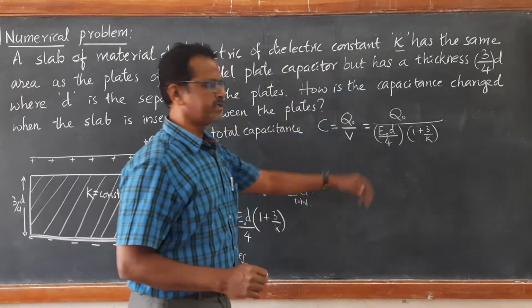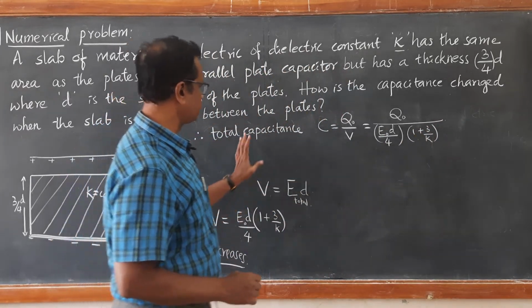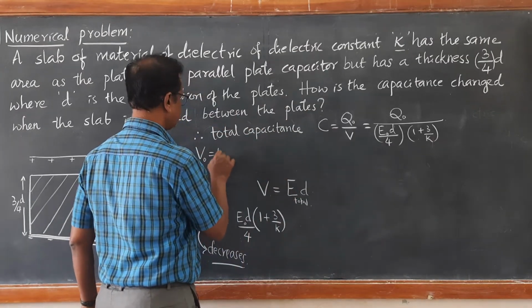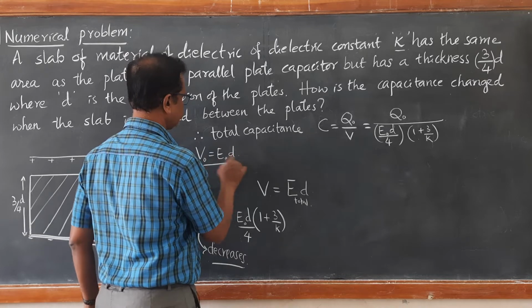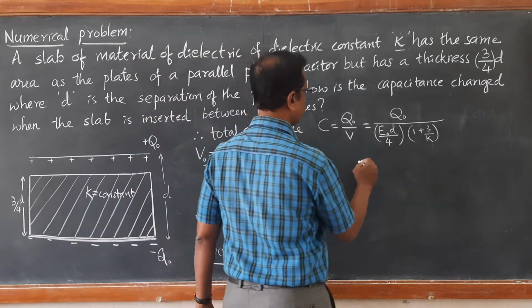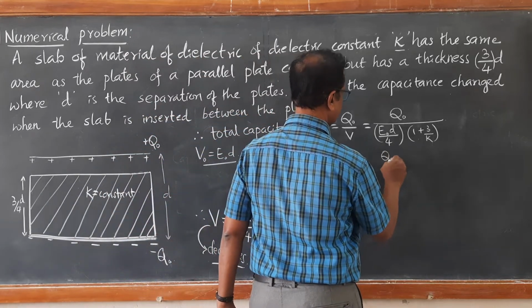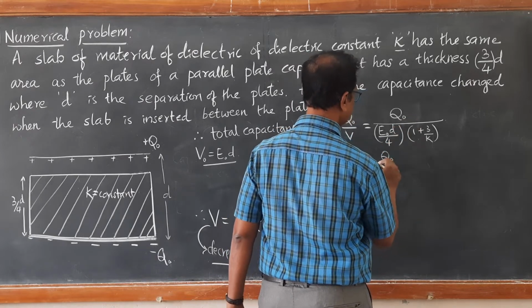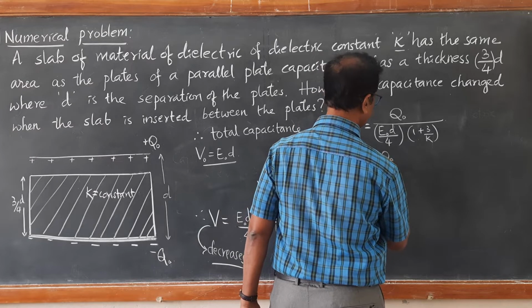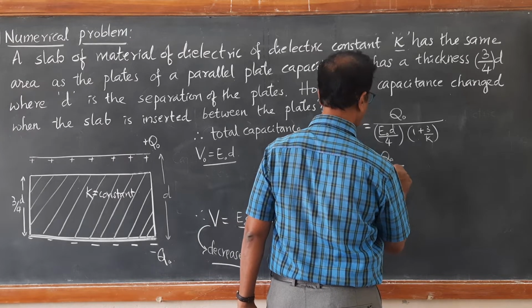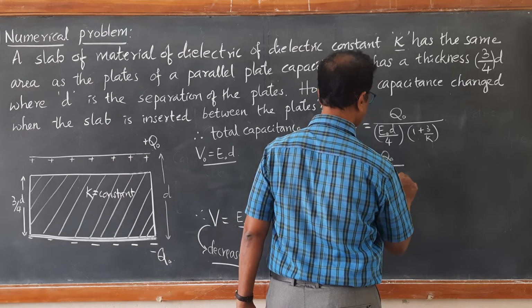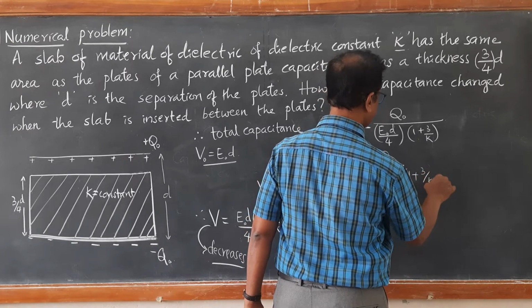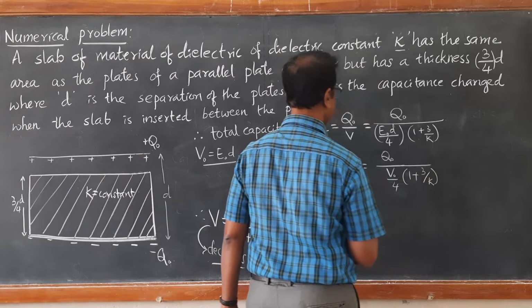We know E naught d is V naught. So we get Q naught by V naught by 4 into 1 plus 3 by k, with 4 coming to the numerator.